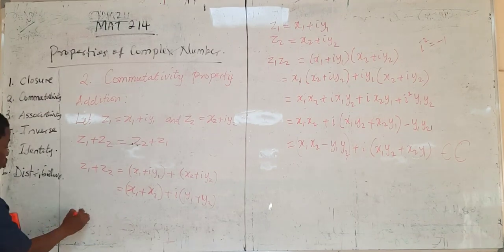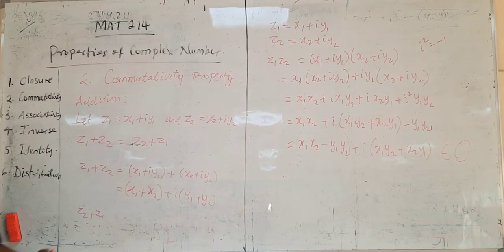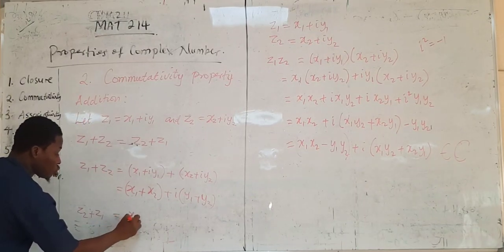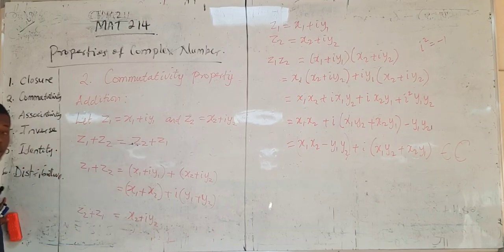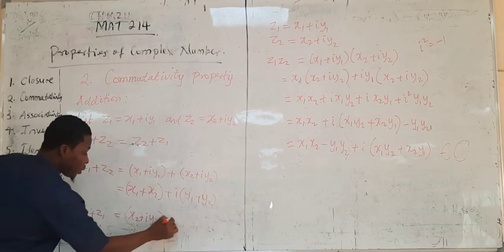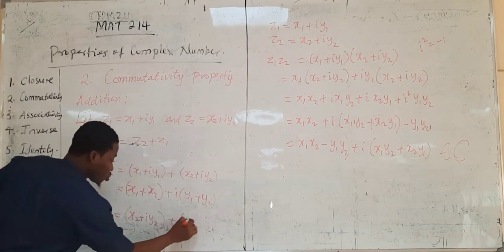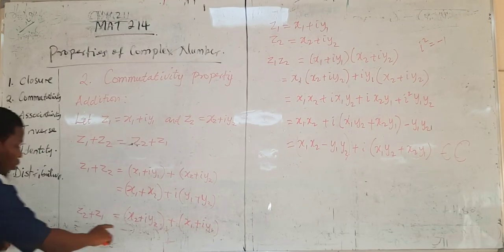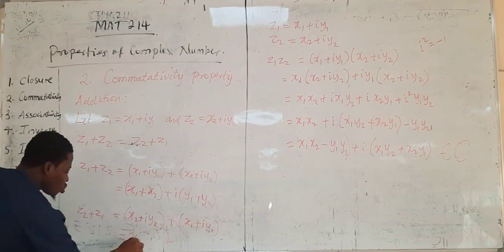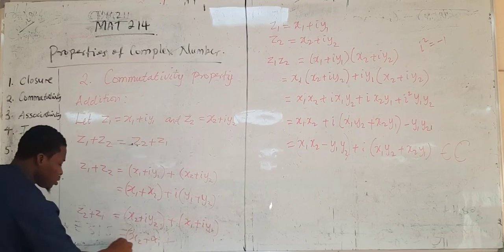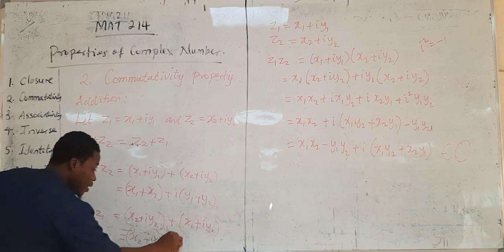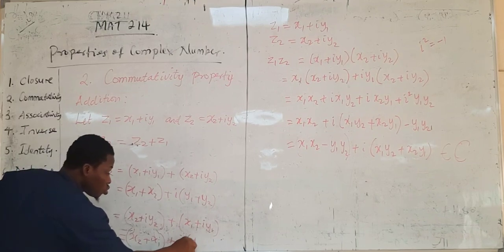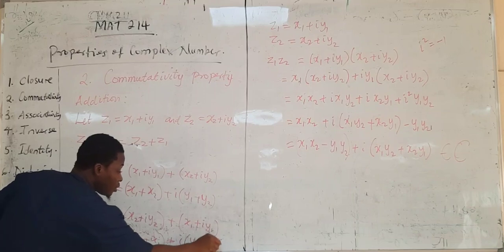Now z2 plus z1 is the same thing as x2 plus iy2 plus x1 plus iy1. So what we have here is x2 plus x1 plus i(y2 plus y1).